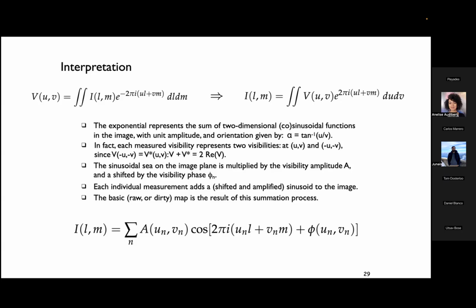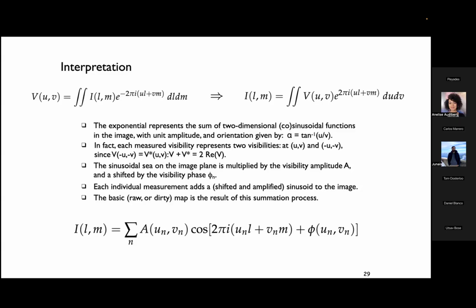So this is called the Hermitian property of the visibility, and it is needed. So effectively, this Fourier transform, say in the discrete case, because we don't have a continuous case, the image is just the sum of two-dimensional cosine patterns. This is just the discrete version of this, also exploiting this symmetry property. So the image that you make is the sum of sine waves.